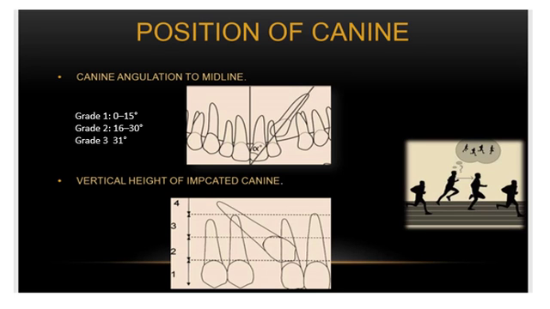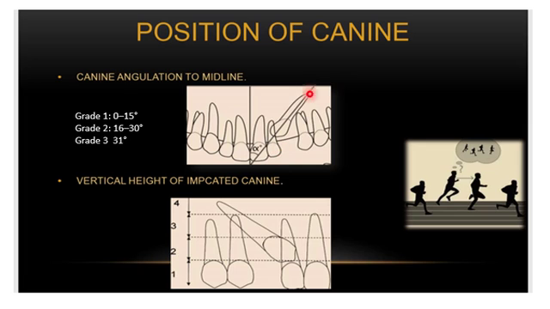Positioning of the canine. The canine angulation to the midline is one of the methods to determine the accurate positioning, or to give an idea about the prognosis of the treatment of the canine. Grade 1 is from 0 to 15 degrees to the midline.